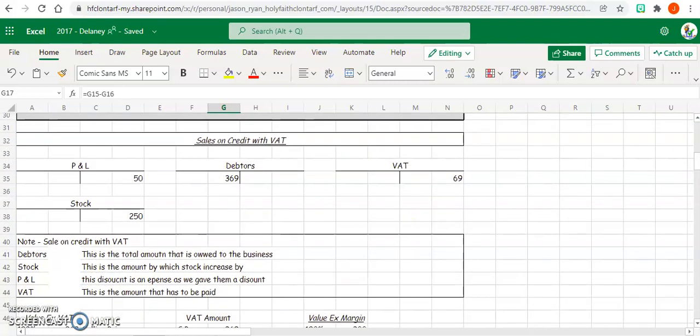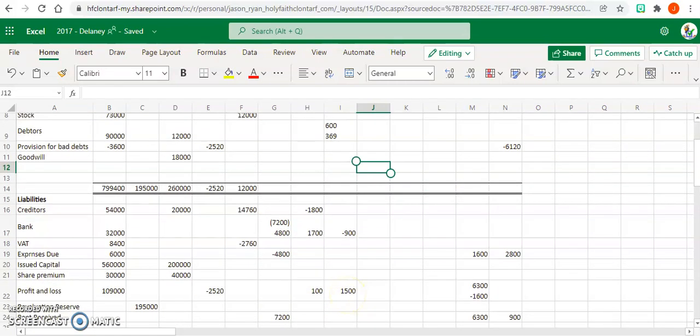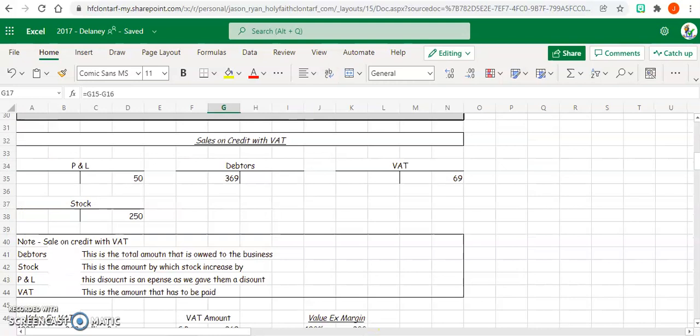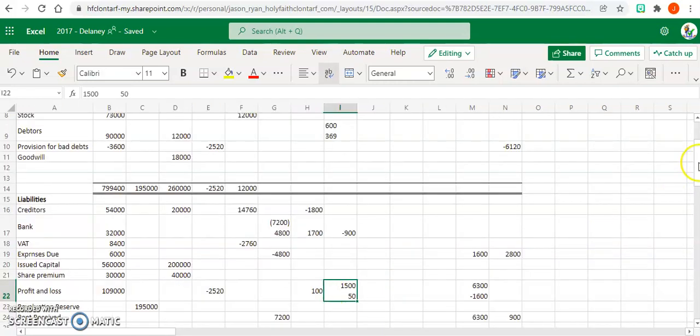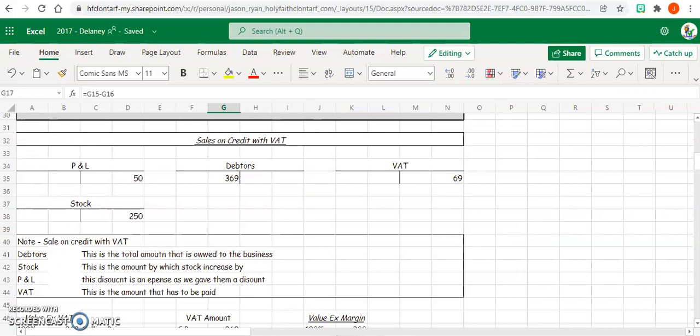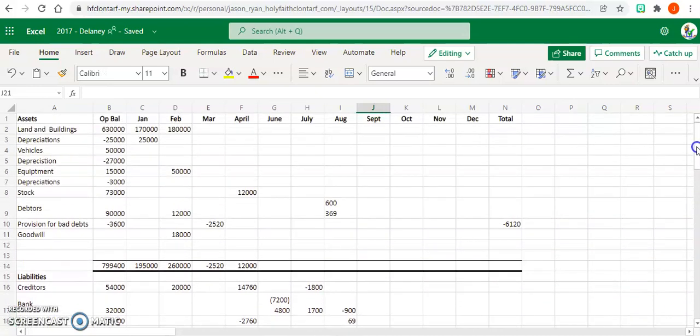Your profit and loss is going to be 50. Your VAT's going to be 69. Your stock's going to be 250. So your stock's going down by 250 because that's what we sold.